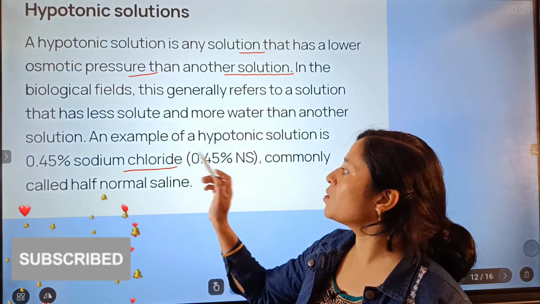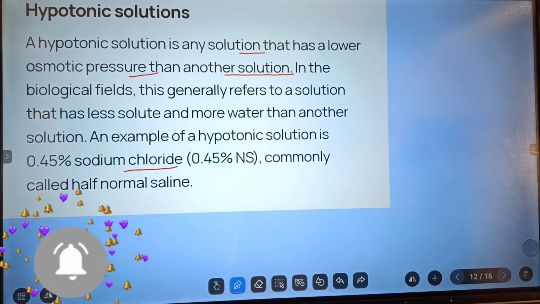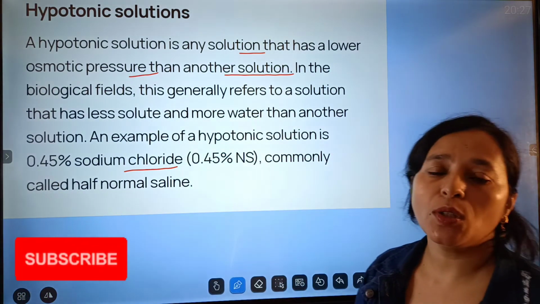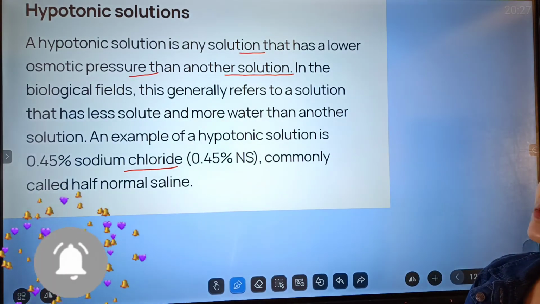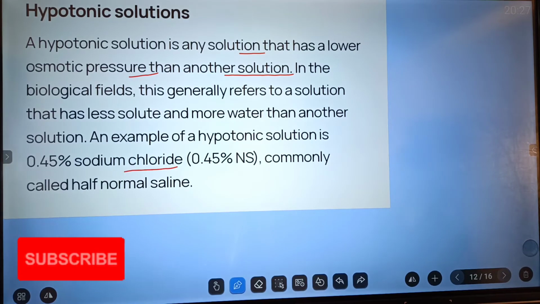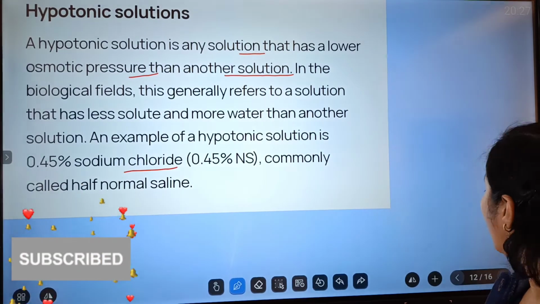You can take the example of sodium chloride at a concentration of about 0.45%, commonly known as normal saline solution. So hypotonic solutions are also used in some biological fields.